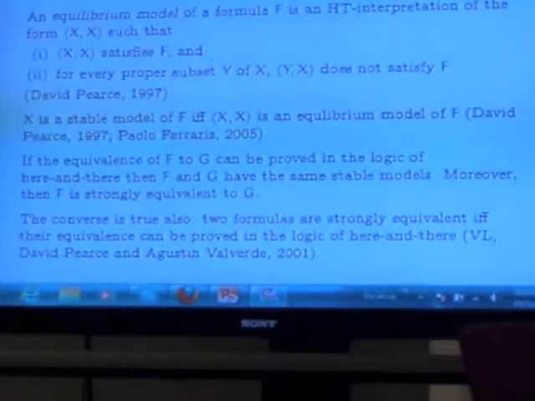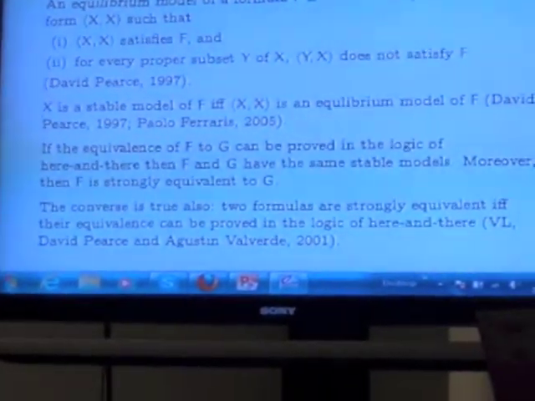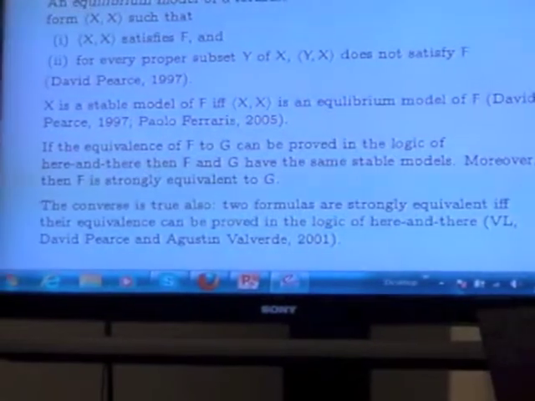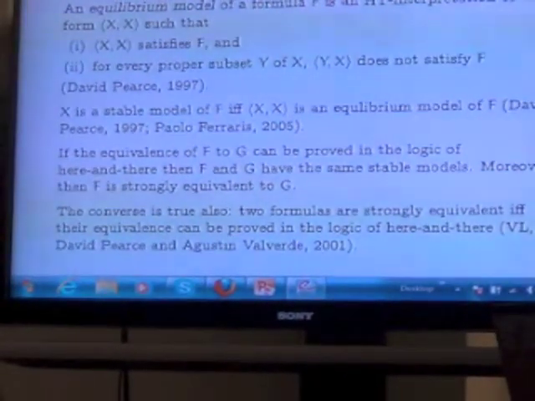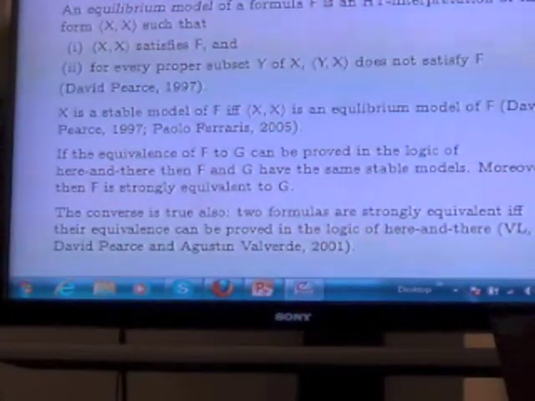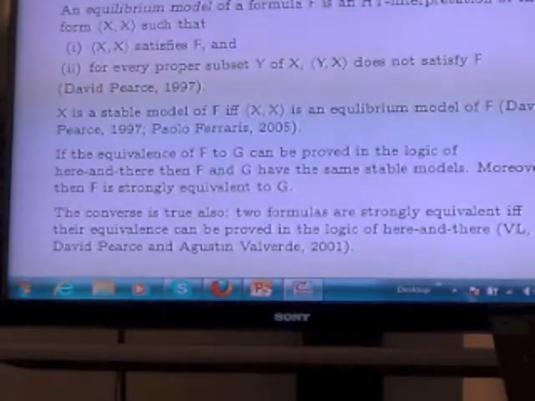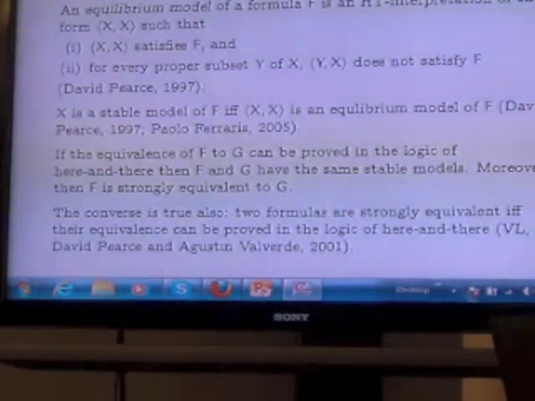And it turns out that the converse is true also, so that strong equivalence is exactly the equivalence in G3. So that's how this technical device invented by Heyting in 1930 turned out to be a very useful technical device for something that was invented 67 years later.